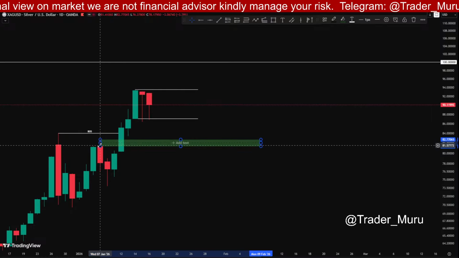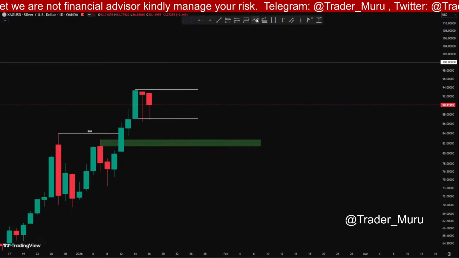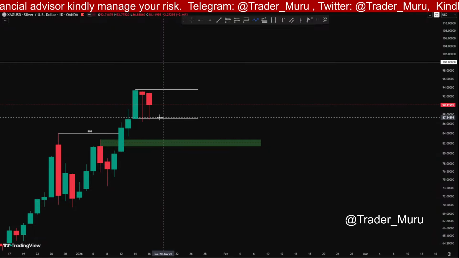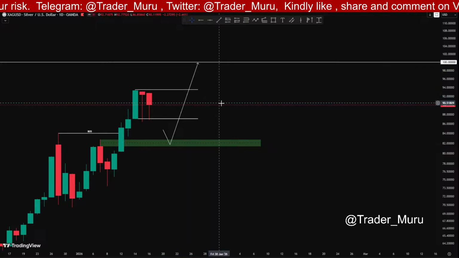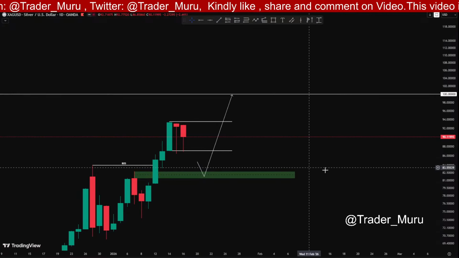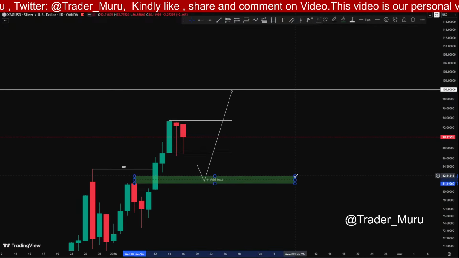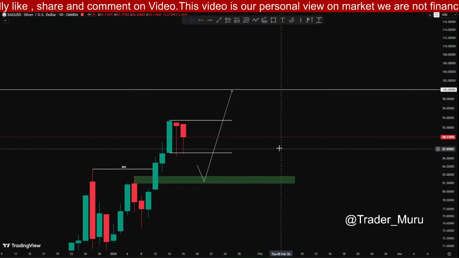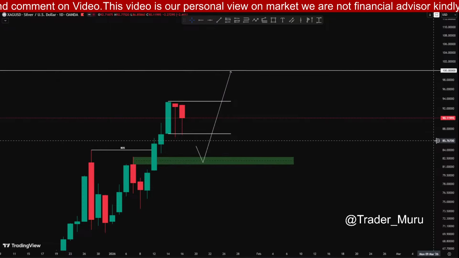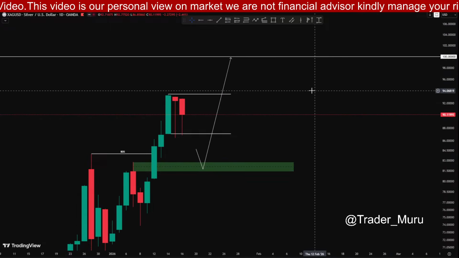We have FVG here, structural level, so possibly we will see a test here and move. So I will be watching for this area of 82.7 to 81.4. After that, the next target will be 95 to 100.